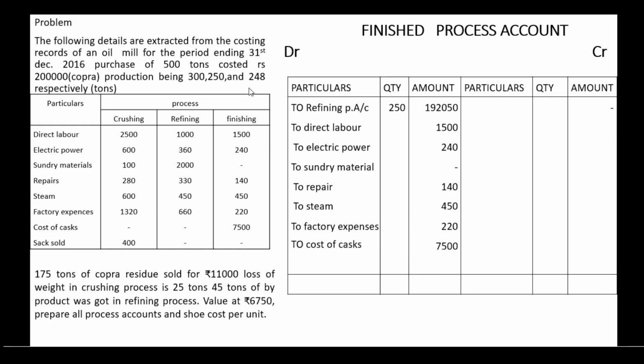The output for the finished process account is 248 tons. The finished process account is the final process.